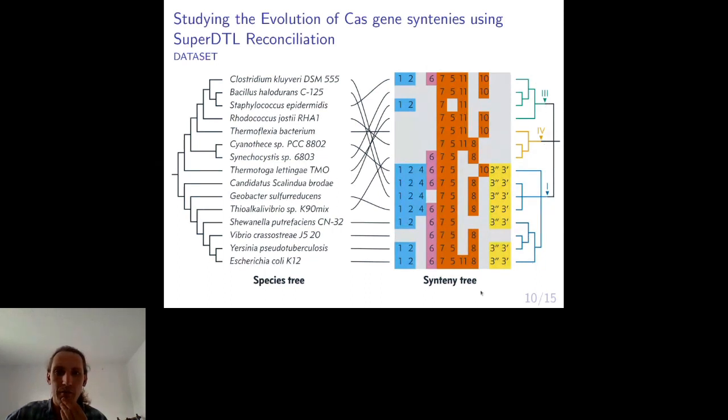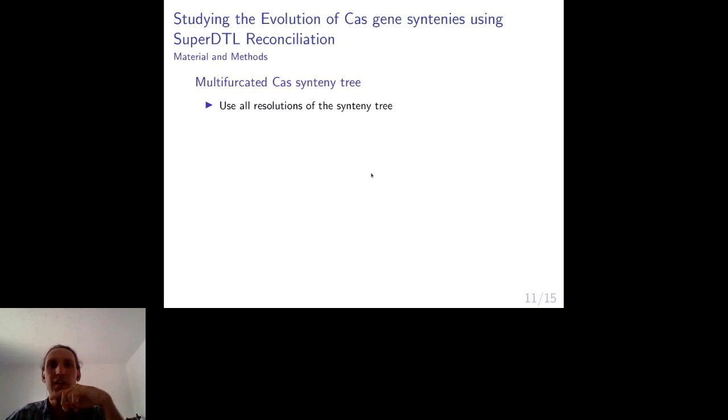In the middle is the correspondence between the species tree and the synteny. And we see there is a lot of inconsistency between the species tree and the synteny tree, which suggests there are transfers between the bacterial species. So we need to consider transfer to reconstruct this evolutionary history.